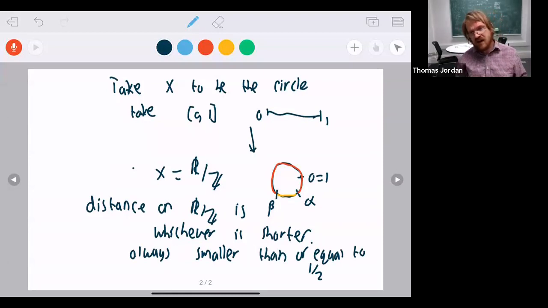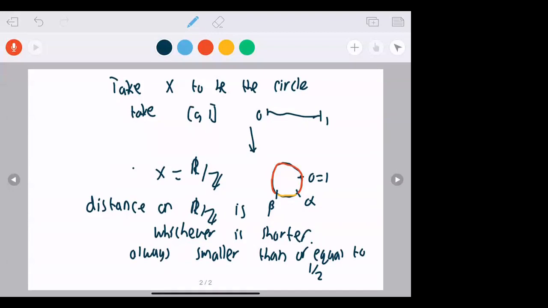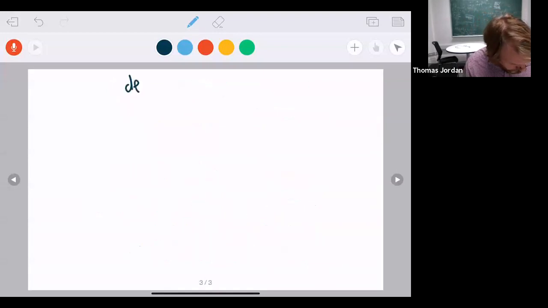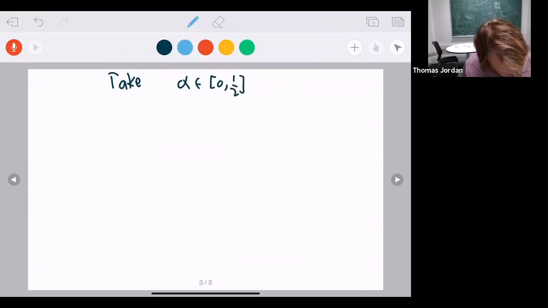And what we're just going to look at is rotations on the circle. So let's introduce that. We're going to take alpha to be some value in (0, 1/2), and we're going to assume that it's irrational.